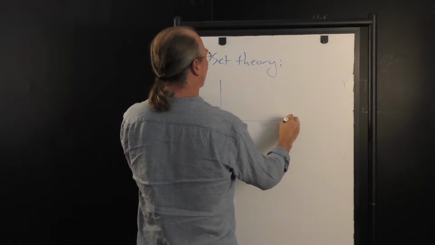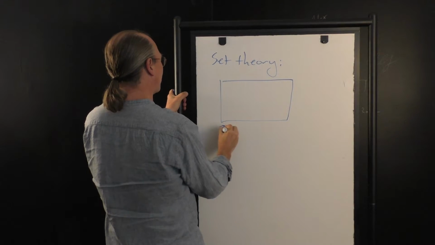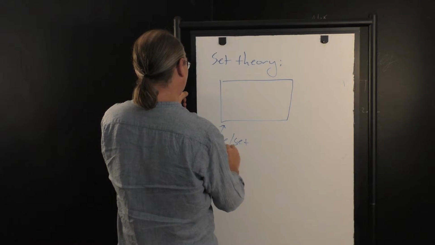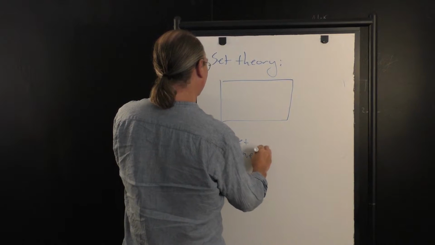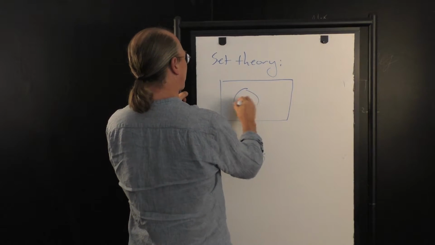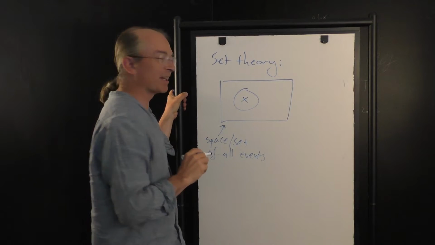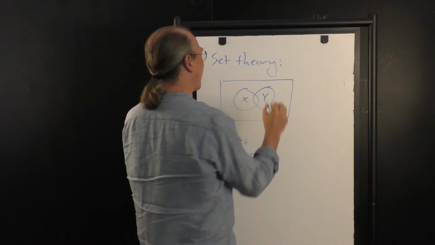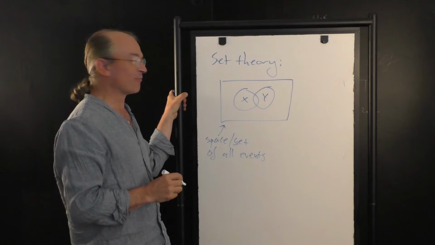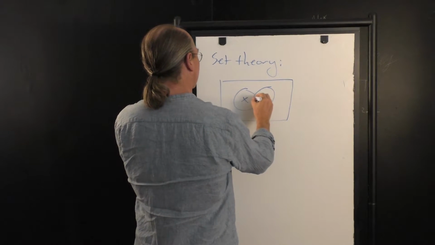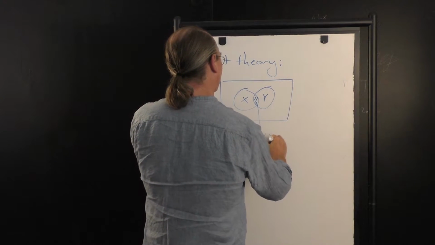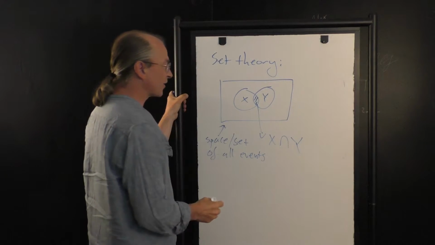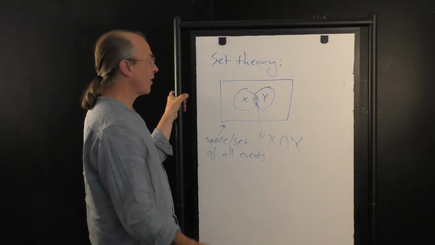So we have a picture like this. This is the space, or the set, of all events. Here is the set X, which is the set of events where it's sunny. Here is the set Y, which is the set of events where it's raining. This thing right here is called X intersection Y, which is the set of events where it's both sunny and rainy.